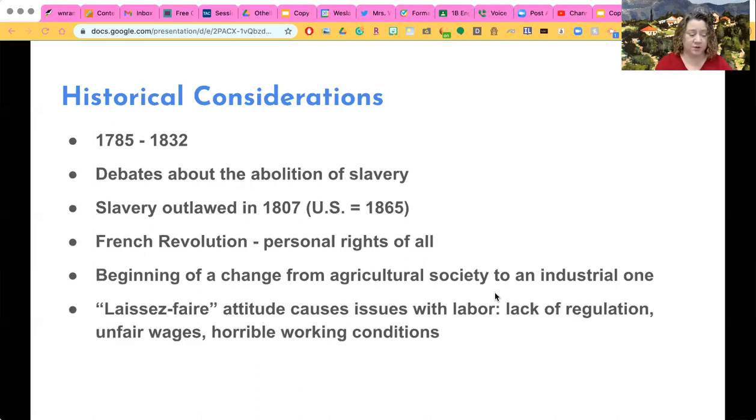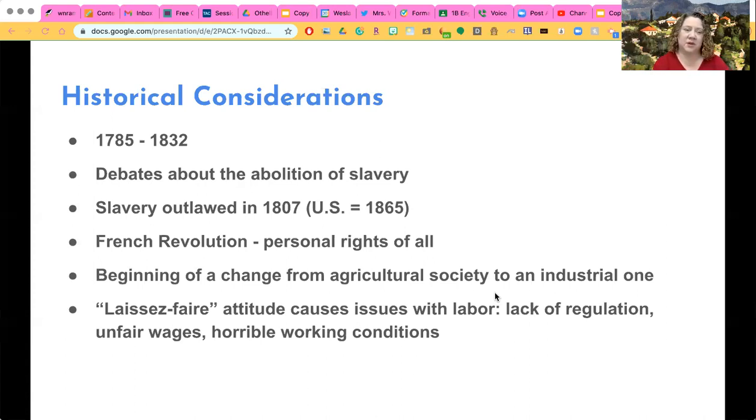Laissez-faire is a term that I'm sure you've heard before. They mention it a lot in history courses. It has to do in this case with the industrialization of Britain, because there's this laissez-faire attitude, which is like, let it alone, right? Leave them to their own devices, let them eat cake kind of way of doing business.